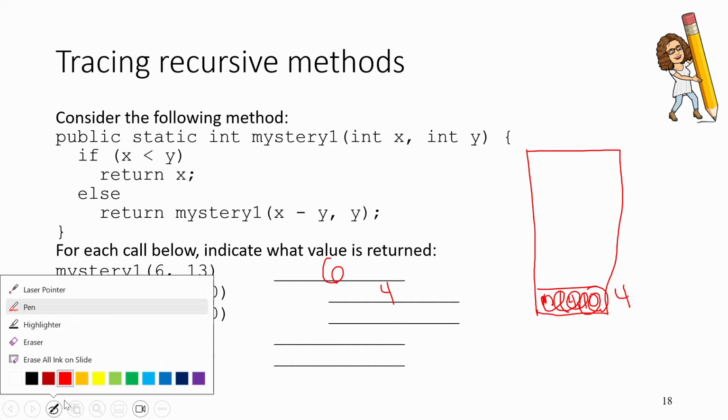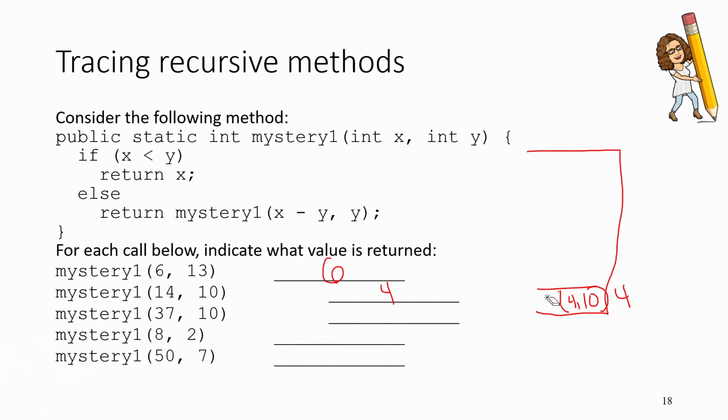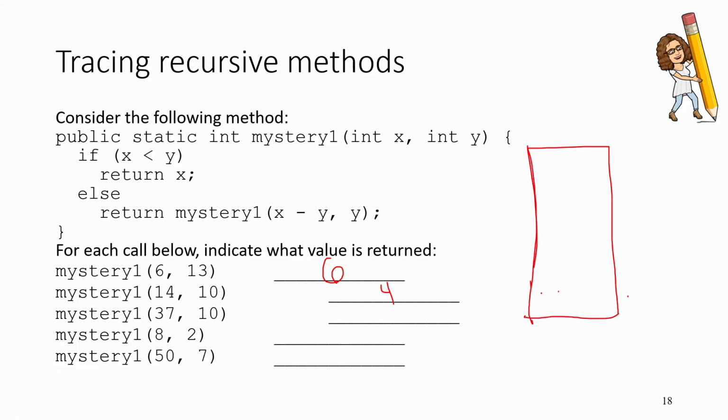Okay. Gotta erase my stack here because I think I have more to go. Okay, so next stack, I have 37, 10. So I need to draw myself a stack here. So mystery 37, 10. They are not less than one another, right?